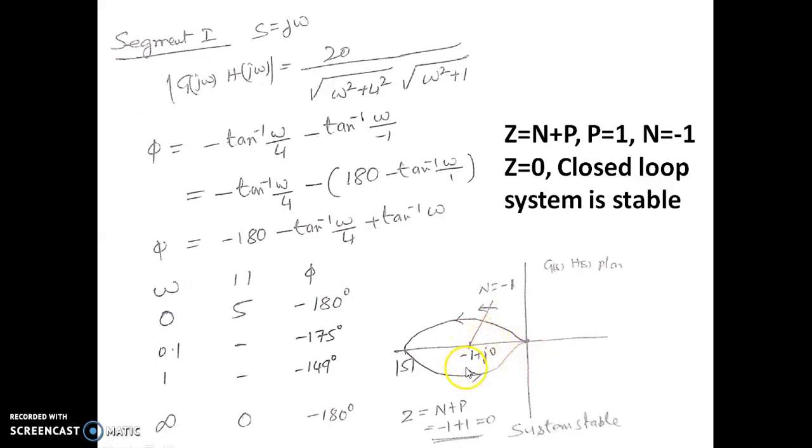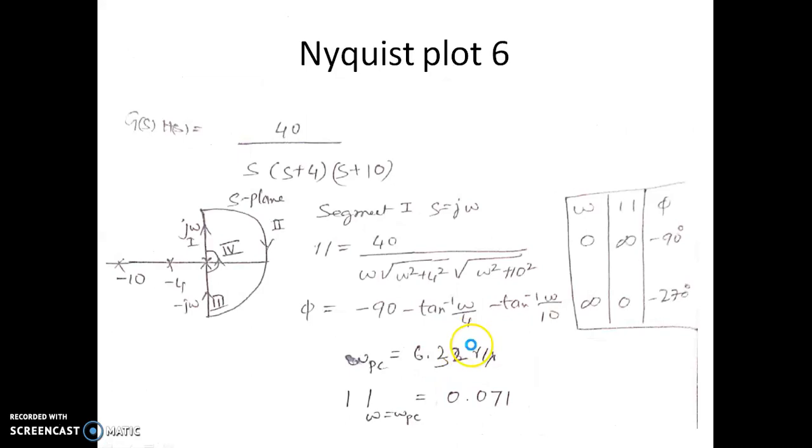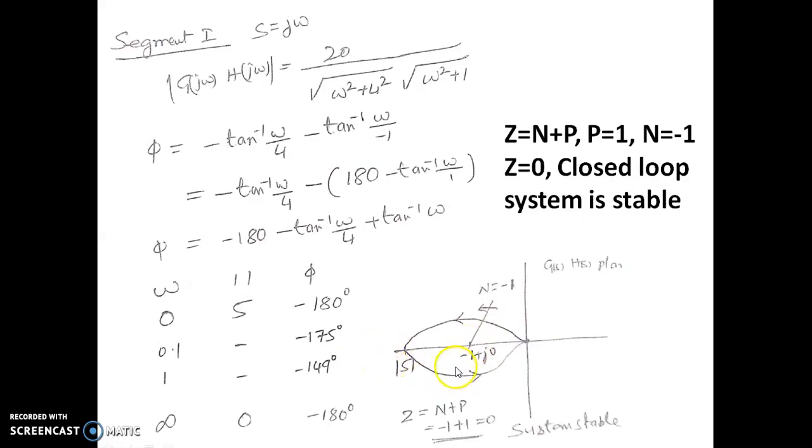If you put the direction of these contours going from 5 to the origin and then back to 5, this is the direction of rotation of the contour on the GH plane. You can see since the magnitude is 5 here, -1 plus j0 actually comes inside this.